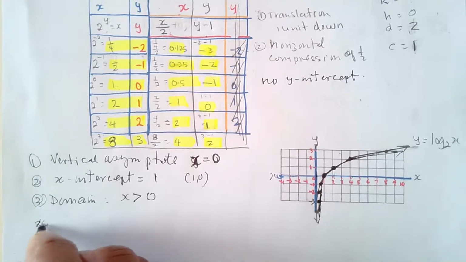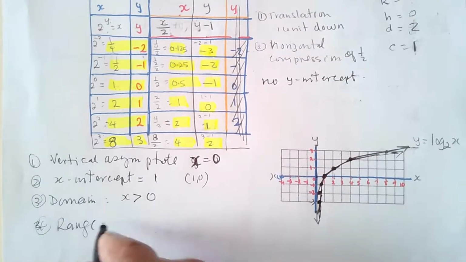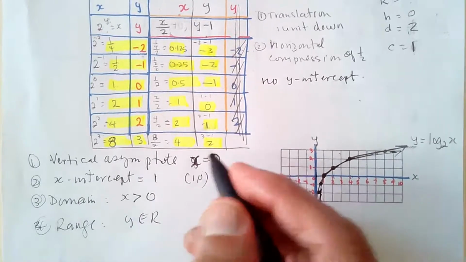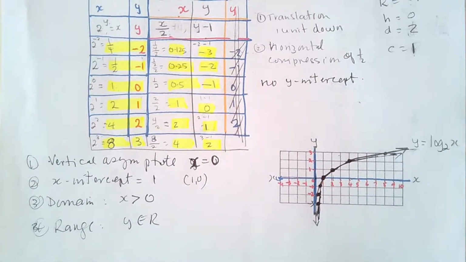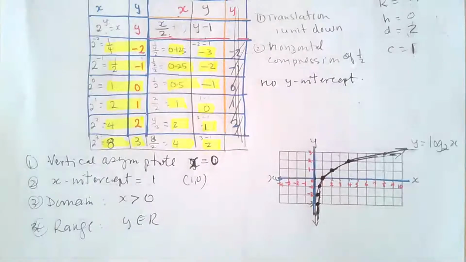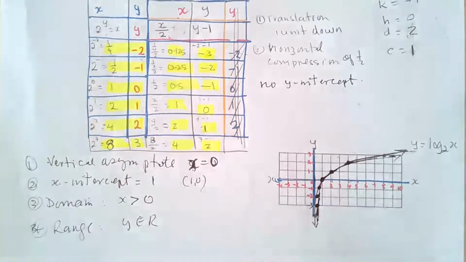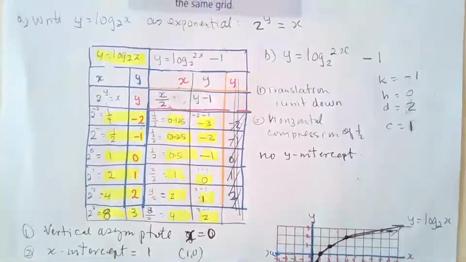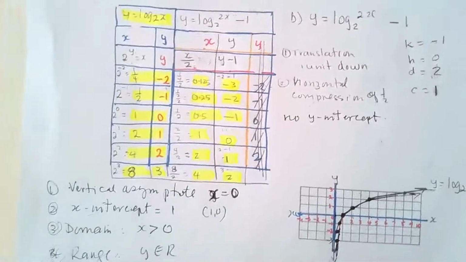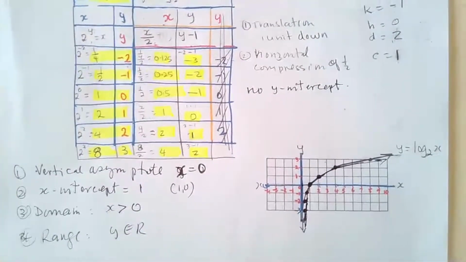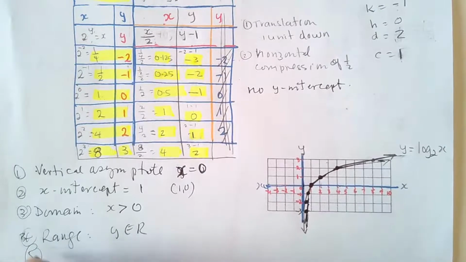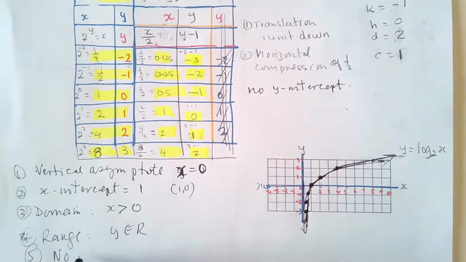The range is the set of real numbers. We can say there is no y-intercept.